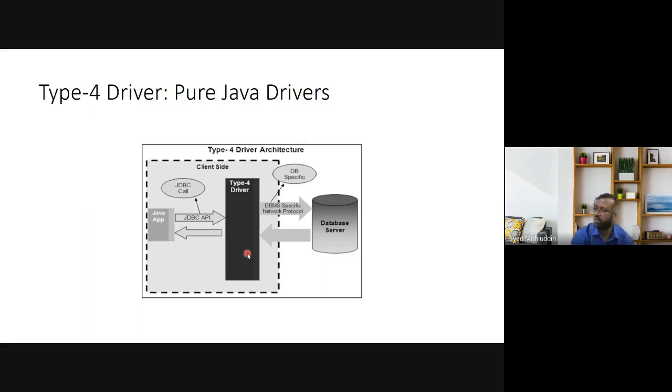But in this type of driver, everything is in pure Java. Even the database access, or the protocols used to communicate with the database, are in Java. There is no separate native library or anything else to access. And this is much better. Type 4 drivers have more advantages.